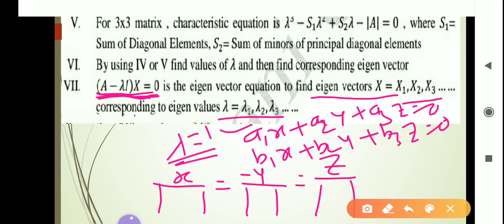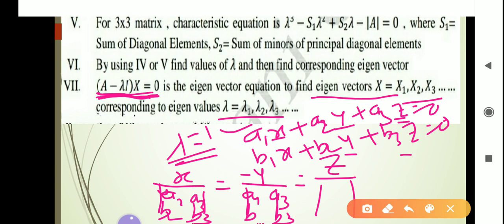From the first equation, the coefficients of y and z, that is here the first row, are a2, a3, and from the second equation the coefficients of y and z are b2, b3. Okay, then equal to minus y upon the coefficients of x and z, that is a1, a3 in the first row, and here b1, b3.